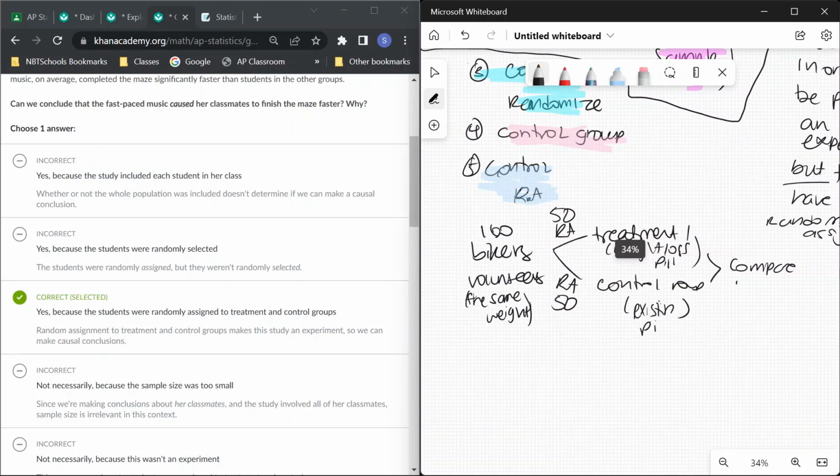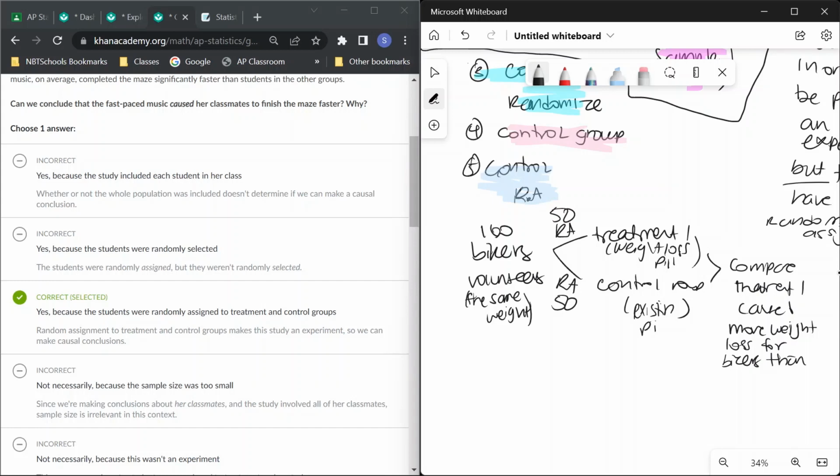So let's say treatment 1 caused more weight loss for bikers than treatment 2.